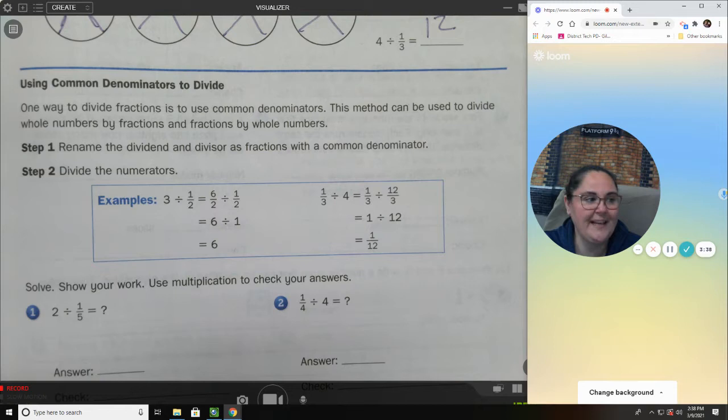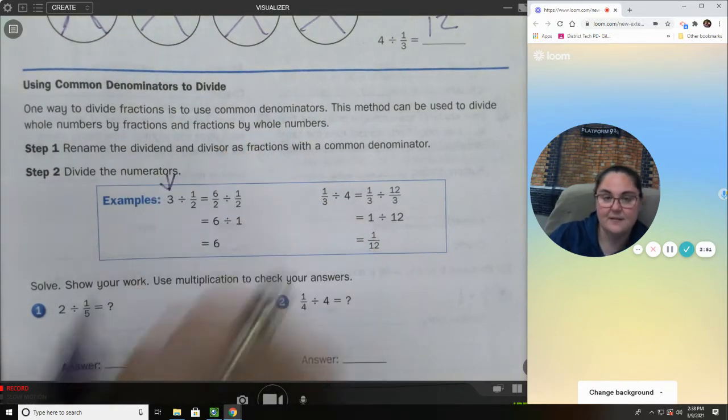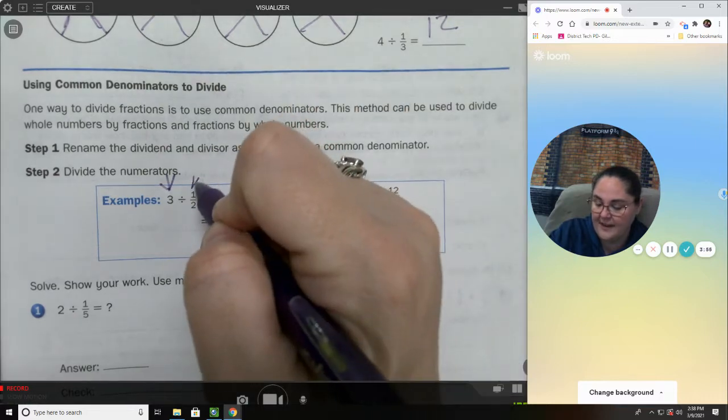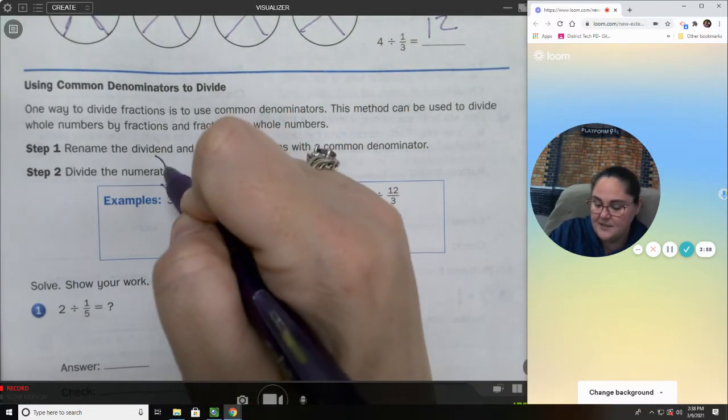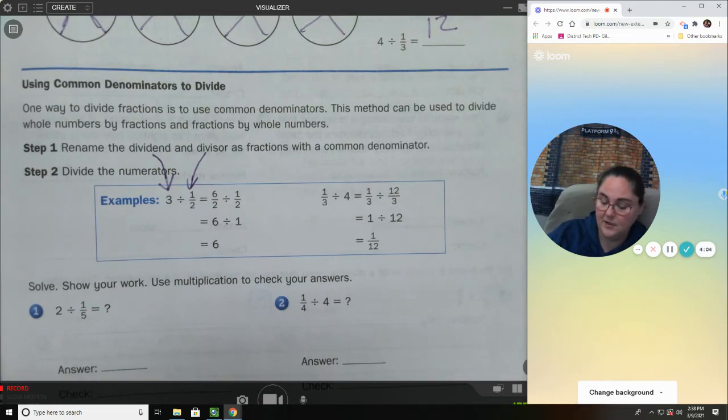Number 1 says rename the dividend and divisor as fractions with a common denominator. I know that my dividend is what is being divided. I know my divisor is what we're dividing by. So step 1 says to write them as fractions with a common denominator. Okay?